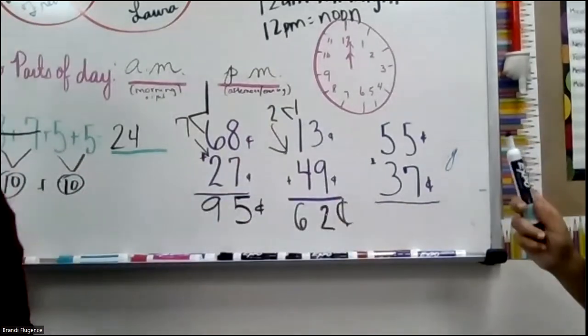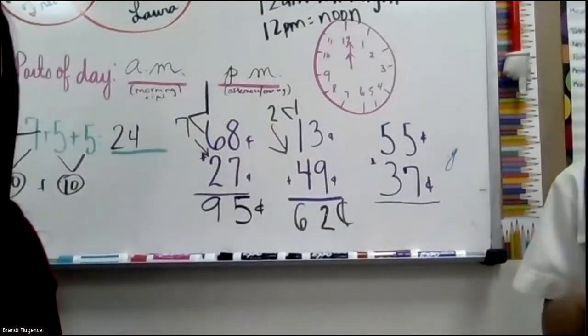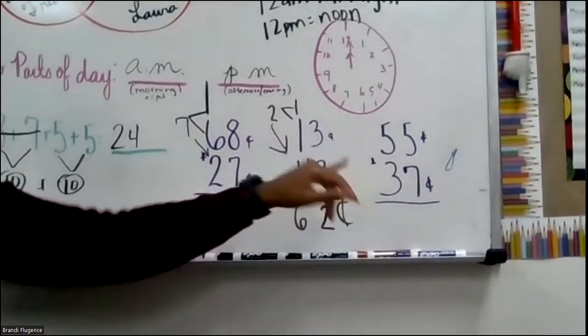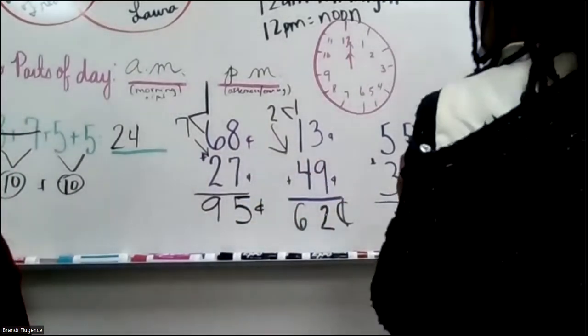All right, 55 plus 37, Kinley. Okay, 55 plus 37.